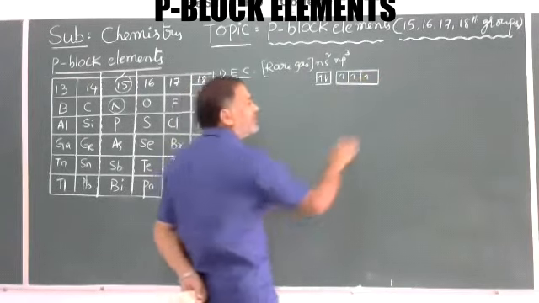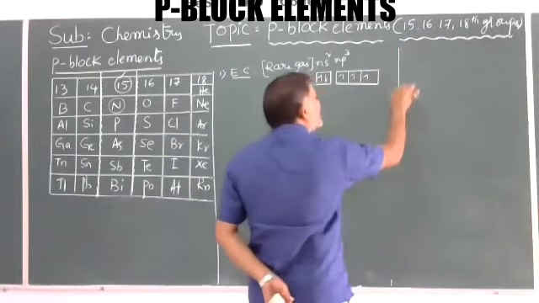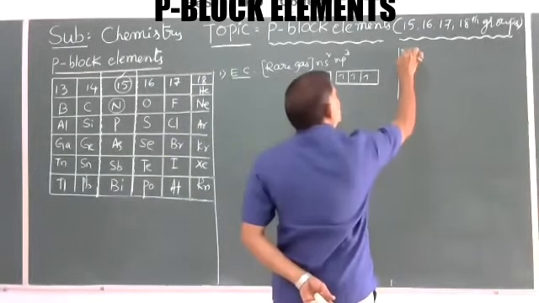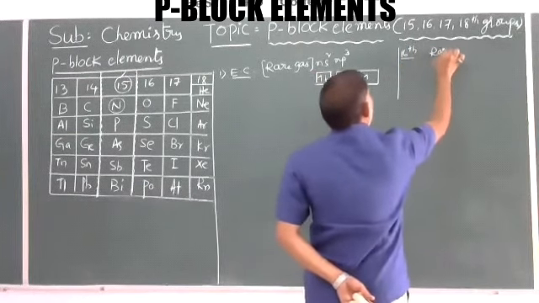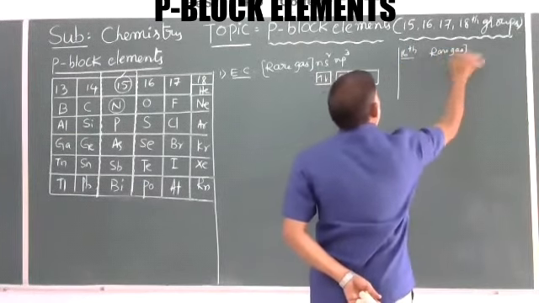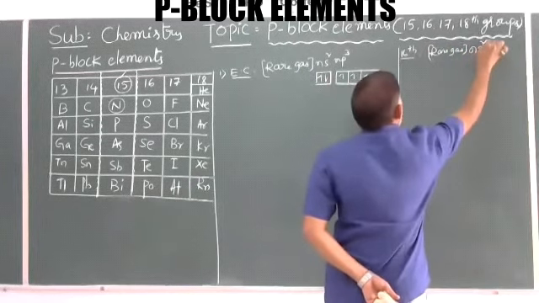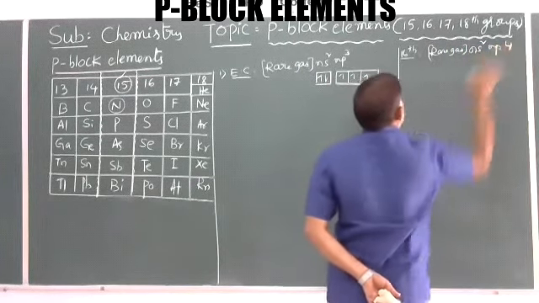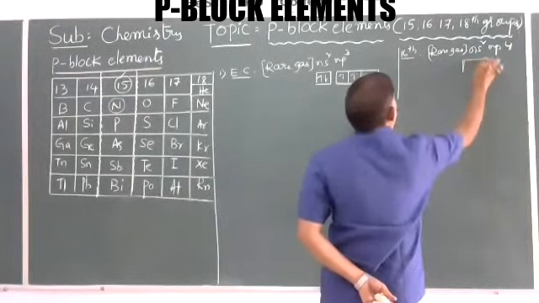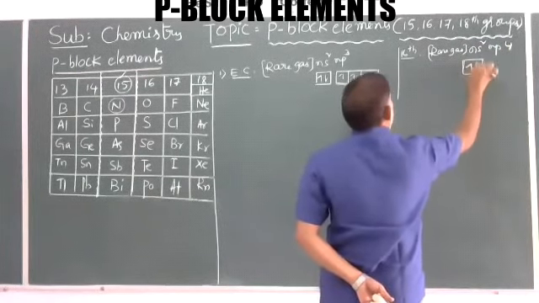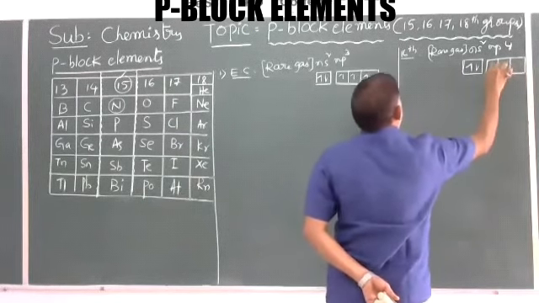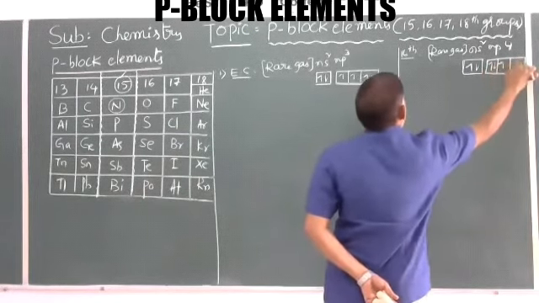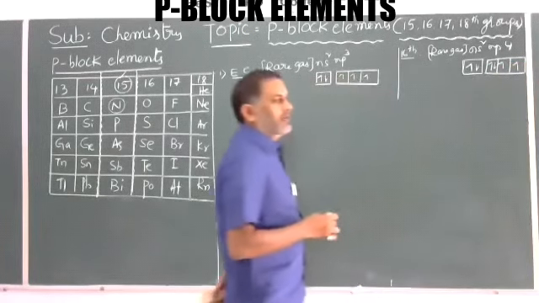Once we observe the 16th group elements' general electronic configuration, it is rare gas ns2 np4. In its outermost orbit, 6 valence electrons are there; out of the 6, 2 are paired and 2 are unpaired.